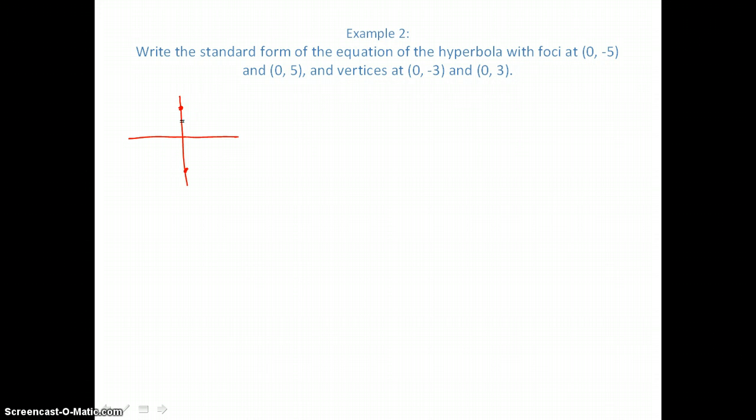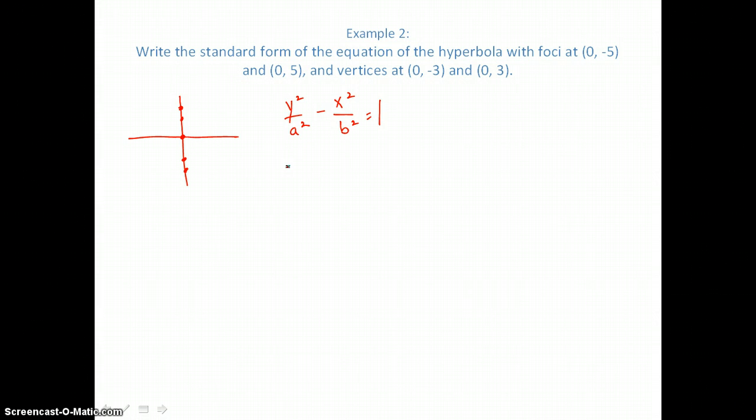My vertices are at (0, -3) and (0, 3). And I know that the center has to be halfway between those vertices and those foci, so the center is (0, 0). So because it has a vertical transverse axis, that's where the vertices and foci are located, the equation is going to be of the form y squared over a squared minus x squared over b squared equals 1.